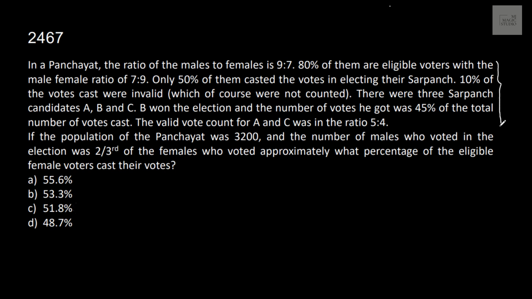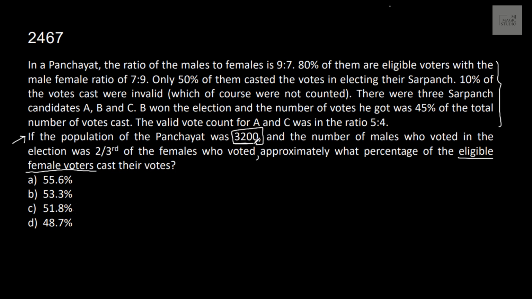Again the same caselet. I'm going straight away to the question. If the population of the panchayat was 3200 and the number of males who voted in the election was 2/3 of the females who voted, approximately what percentage of the eligible female voters voted? First we need the eligible female voters.